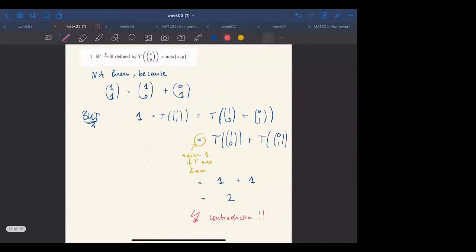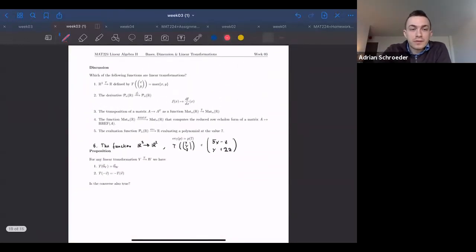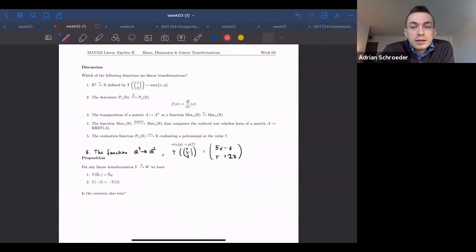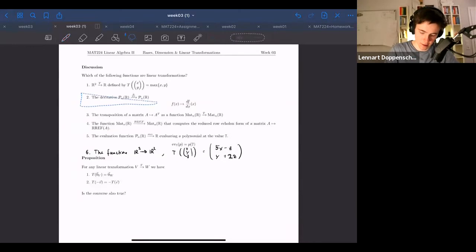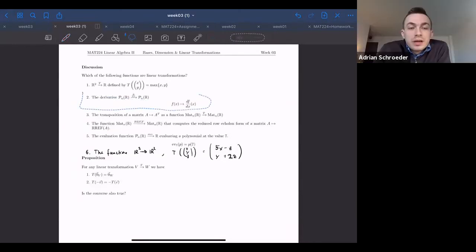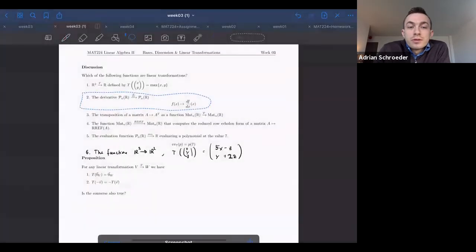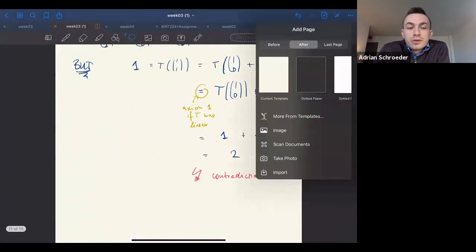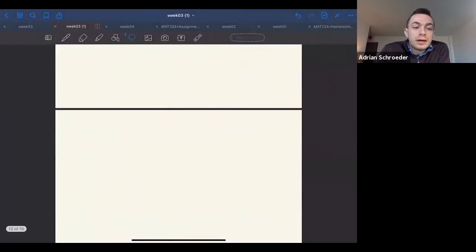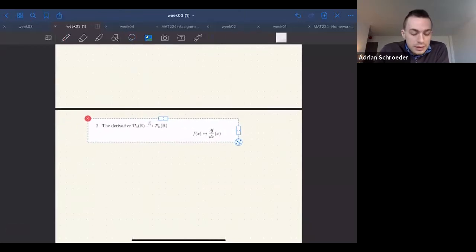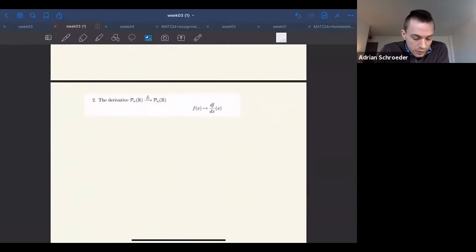Yeah, so I picked the second one, and I think the derivative is going to be linear, actually. Yes, correct. And to see this, we can just pick any 2 polynomials, P1 and P2, and then look at the derivative of the sum of the 2 of them multiplied by a constant. Then just by the laws of derivatives, we can take out the constant and it'll be the same. Yes, exactly.